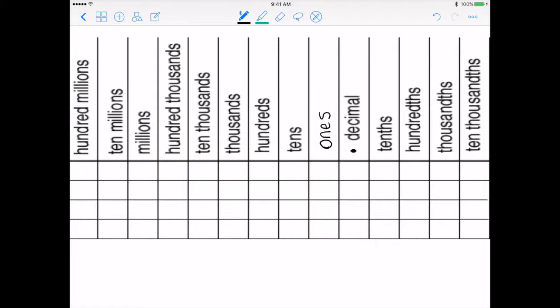So let's use, for example, the number 6,373. One thing you'll notice about this number is that I have a 3 in the ones place and a 3 in the hundreds place.